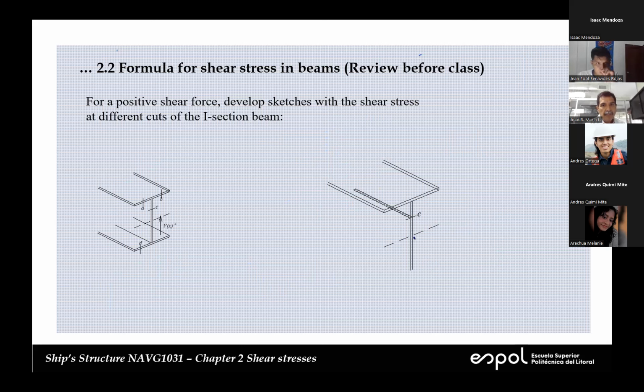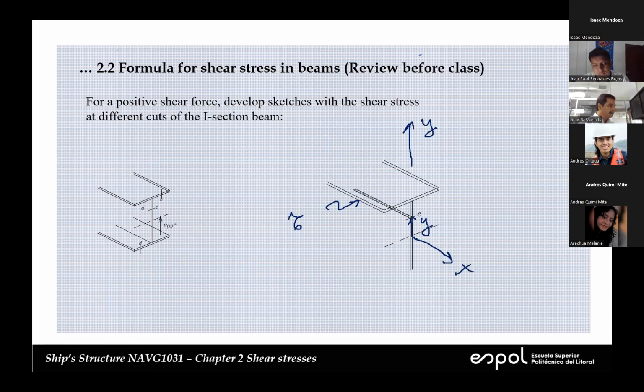So this is the X axis in the positive direction, this is the Y axis, and the cut is defined at position Y here. Now on this cross area, the tau, what are going to be the sub-indices on this cut?